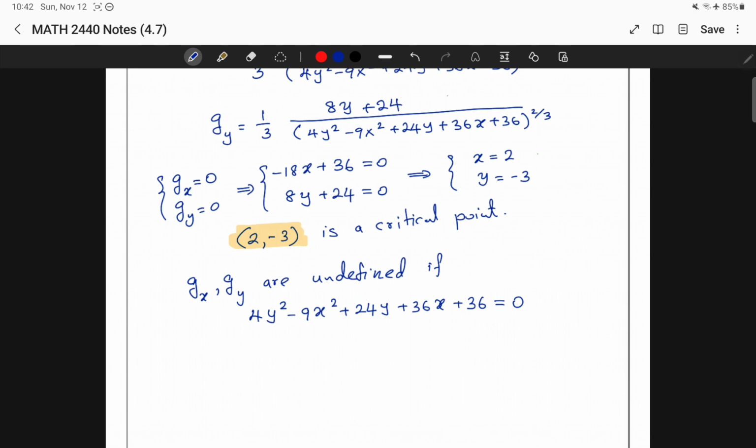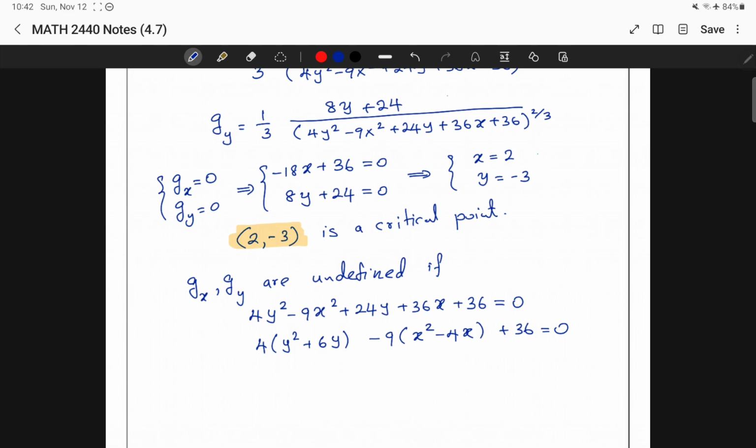Okay, so we can complete squares. So collect the y terms, 4y squared plus 24y. Collect x terms, negative 9x squared plus 36x, plus 36 equals 0.